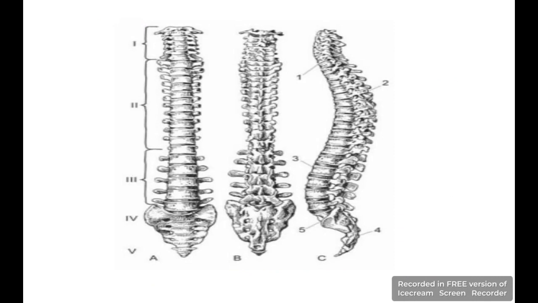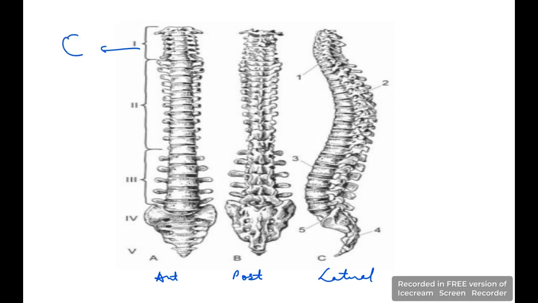Now basic things about the vertebrae. This is the anterior aspect, this is the posterior aspect, and this is the lateral aspect. Now part 1 is the cervical part, which is written in Roman numerals. This is the cervical vertebrae.